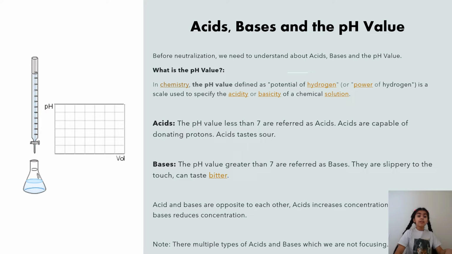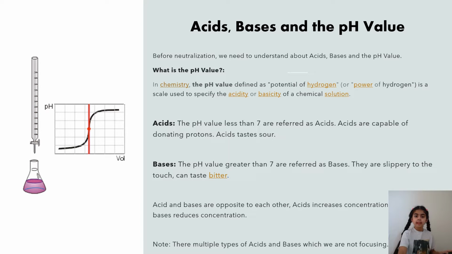In chemistry, pH value is defined as the potential of hydrogen or power of hydrogen. Like potential or power of hydrogen is that if hydrogen increases or decreases.